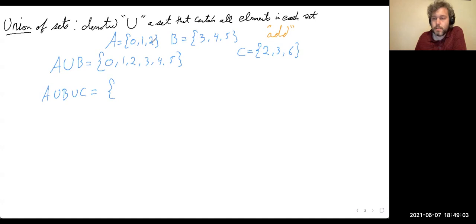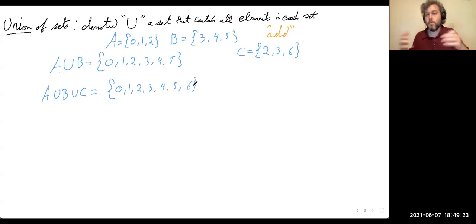We have 2 and 3. 2 is listed in A, 3 is in B, and the only new material is the number 6 here. The union is all of the elements listed, so this would be {0, 1, 2, 3, 4, 5, 6}. The union will contain all of the elements, but only once. We have no duplicates, so each is listed only one time. So great, you can do it with more than two sets.